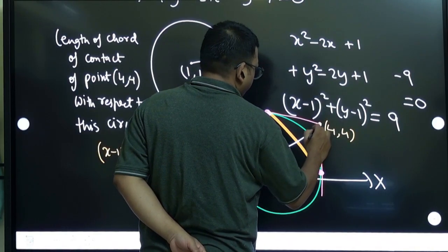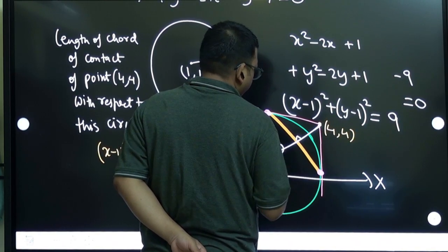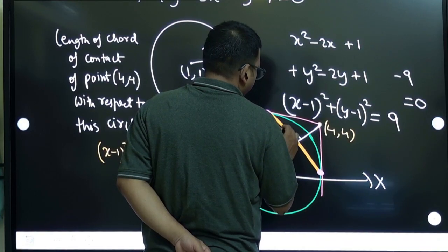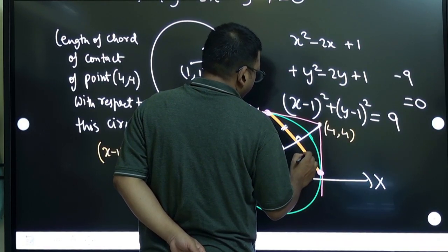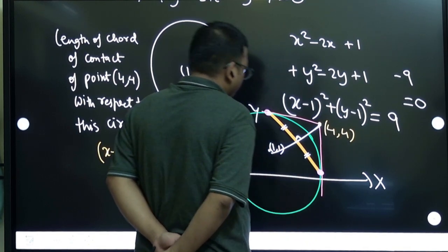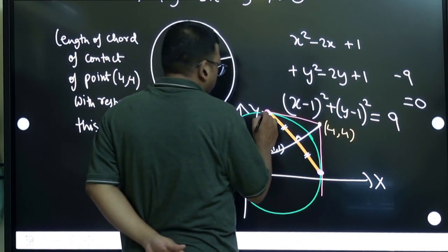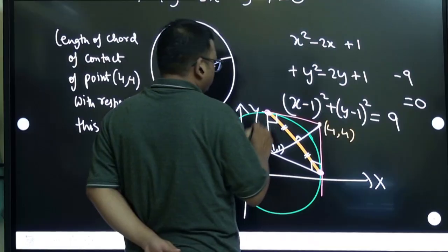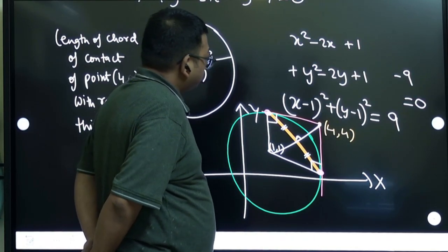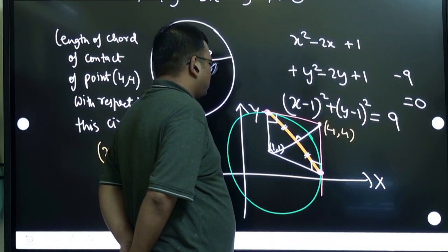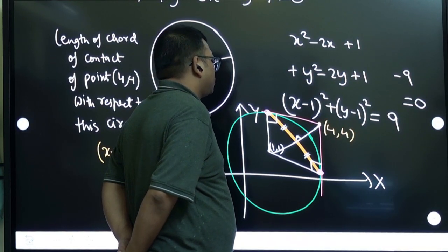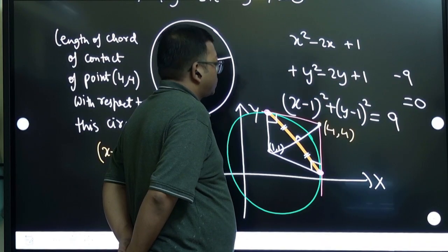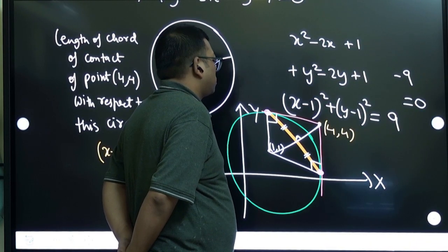That one will be cutting it normally. Definitely it will cut normally. So these distances will be equal. And if I make it also like this, this will be 90 degrees, right? So this is tangent and this is 90 degrees. After that, what can we do?